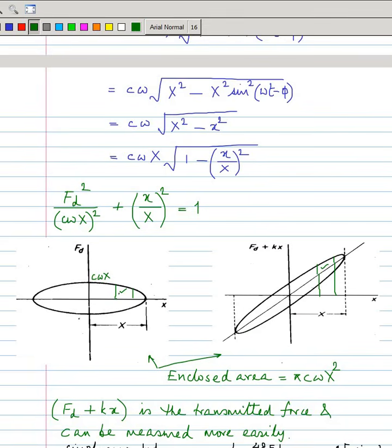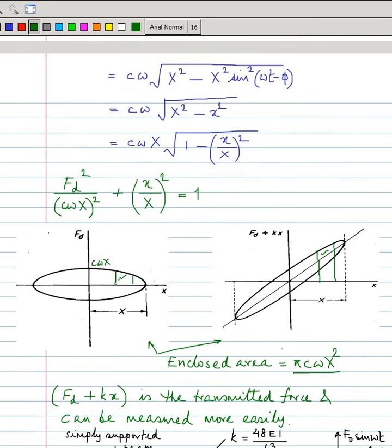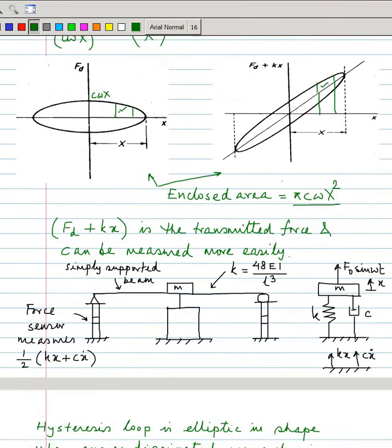The area inside this graph, as you know, the area of an ellipse you can find out, and that has to be pi c omega x square. And if you think of a spring mass damper like this, then for viscous damping, cx dot plus kx is actually the transmitted force.